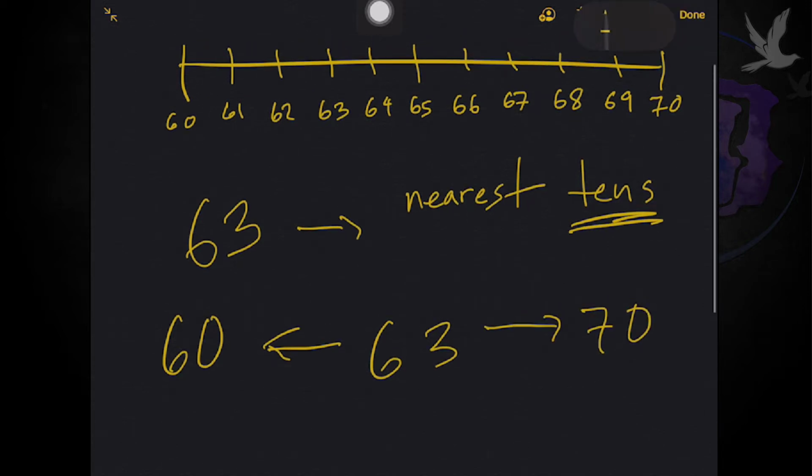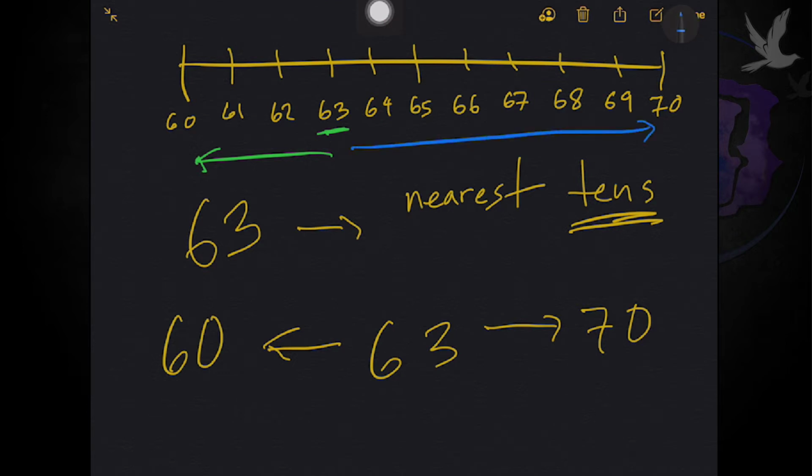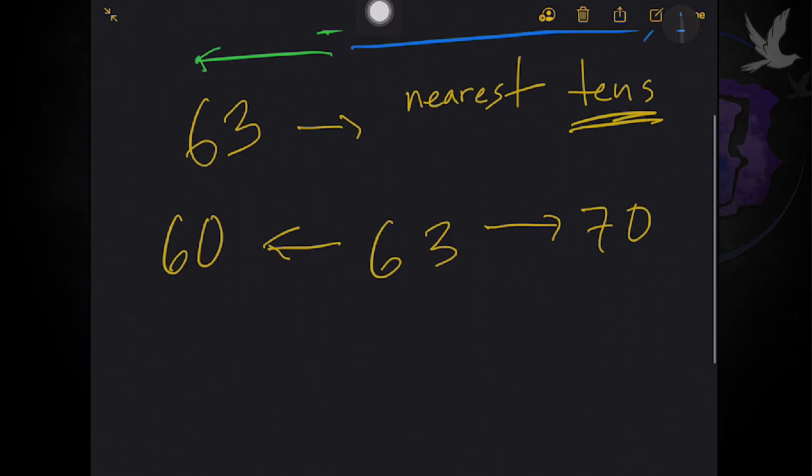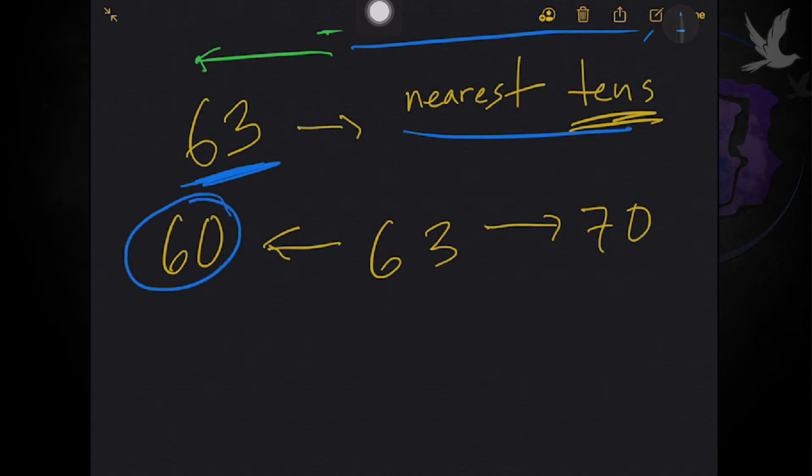And if you notice, 63 is right here. If you're going to make use of this graph, all we need to do is to determine which it is closest to. Is it closer to 60 or to 70? By simply looking at the graph, it is safe to say that 63 is nearest to 60, which means if 63 is rounded off to the nearest tens, the answer will be 60.